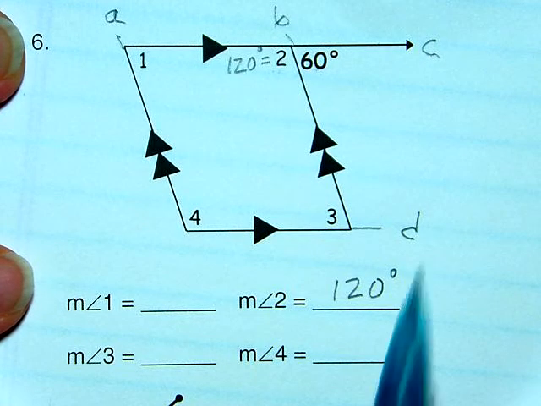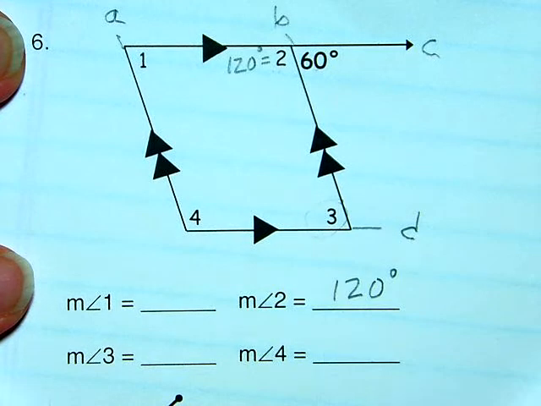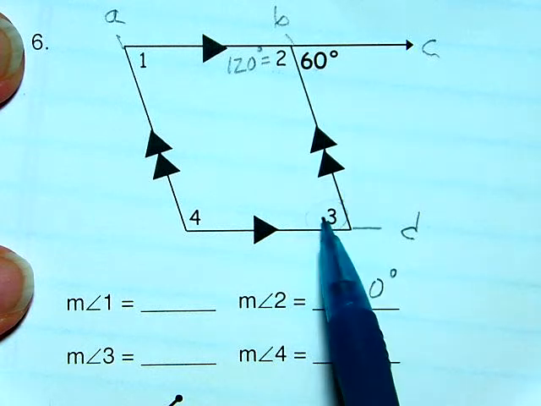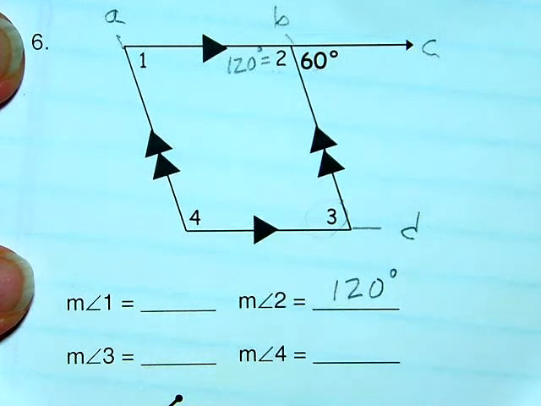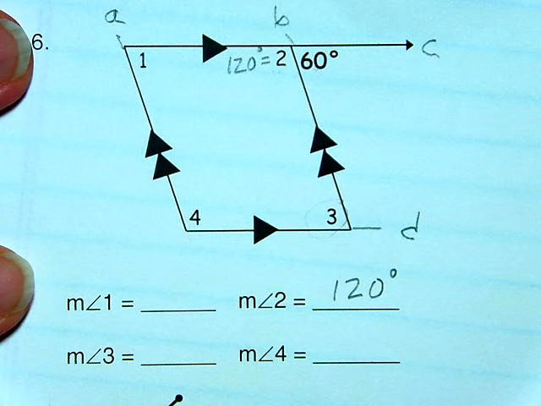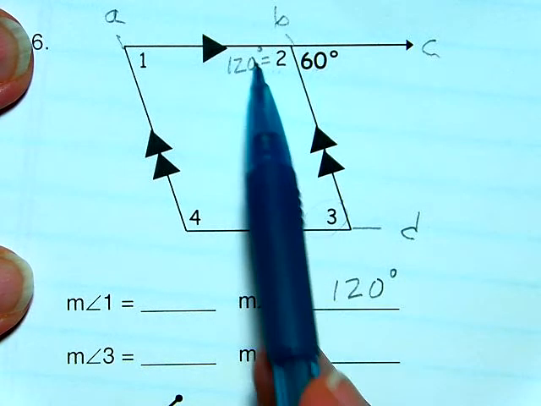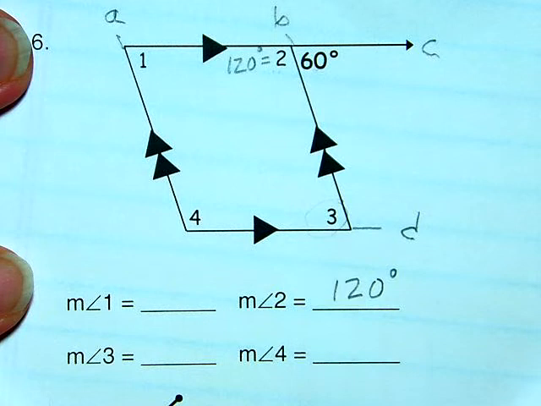Let's take angle 3, and let's try to see if we have any relationships between angle 3 and the 60-degree angle, or angle 3 and angle 2. Well, angle 3 and angle 2 are both formed by the same transversal B, right? And they're both on the same side of the transversal, aren't they?